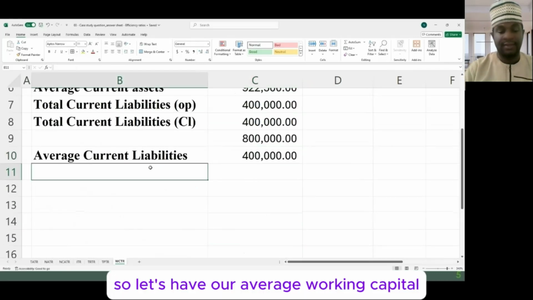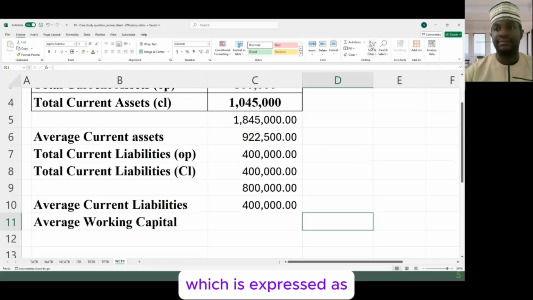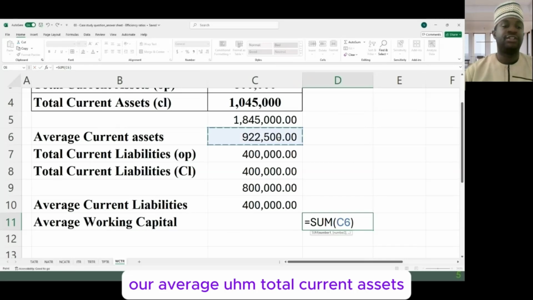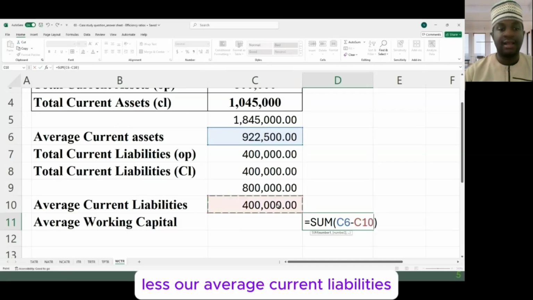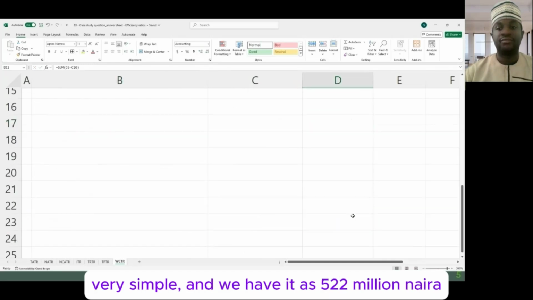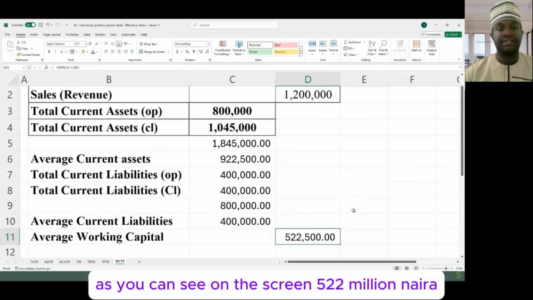So let's have the average working capital, which is expressed as our average total current assets less our average current liabilities. Very simple. And we have it as 522 million naira, as you can see on the screen.